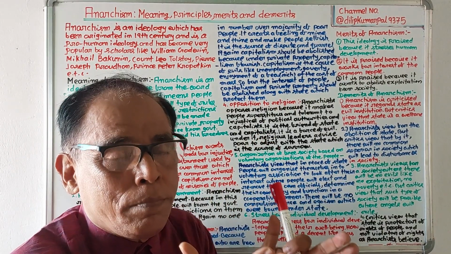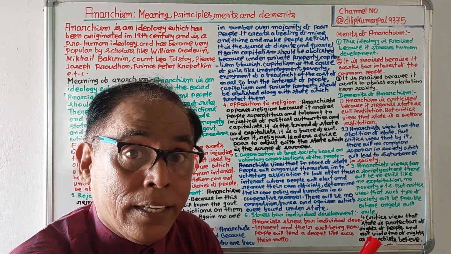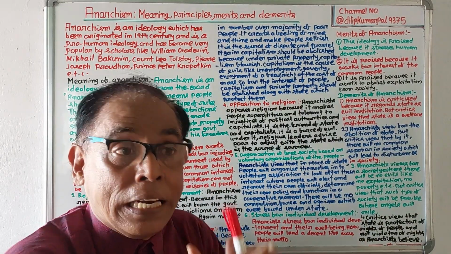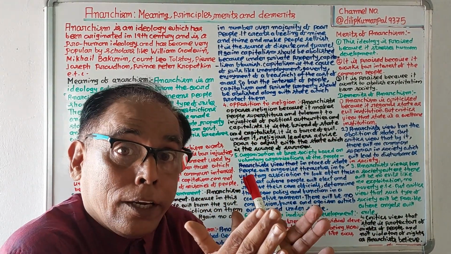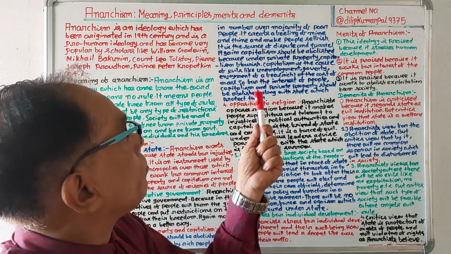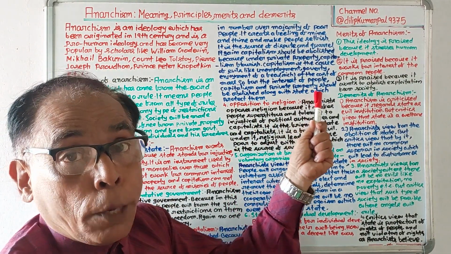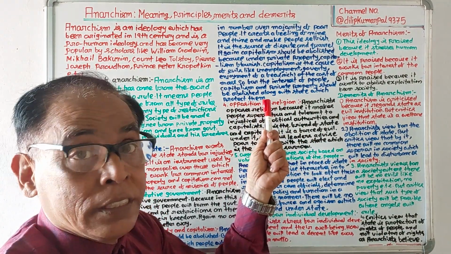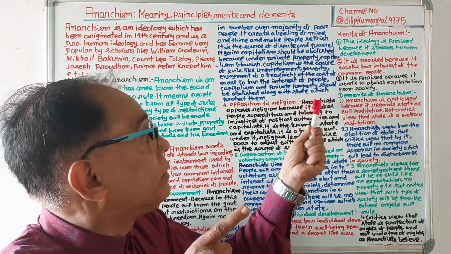So in capitalism there will be poverty, there will be unemployment, and a few will enjoy at the cost of the mass. So for the interest of people, capitalism and private property should be abolished along with the state which protects them.